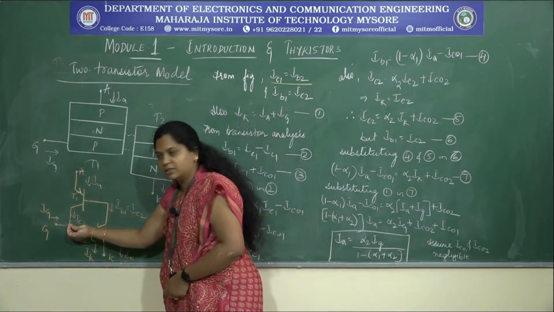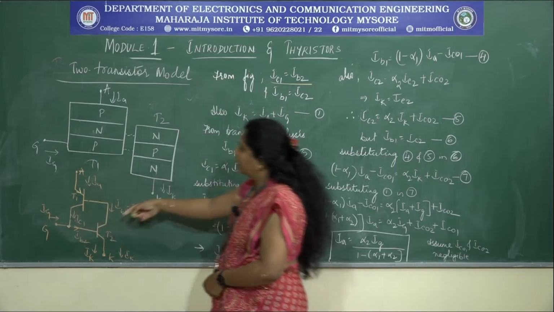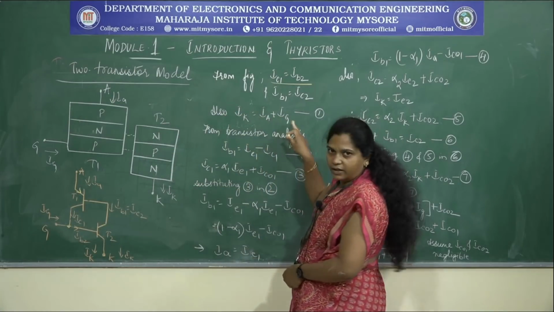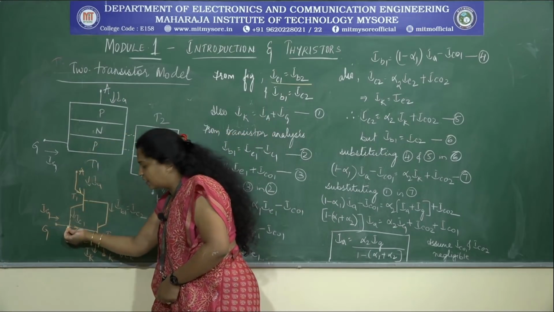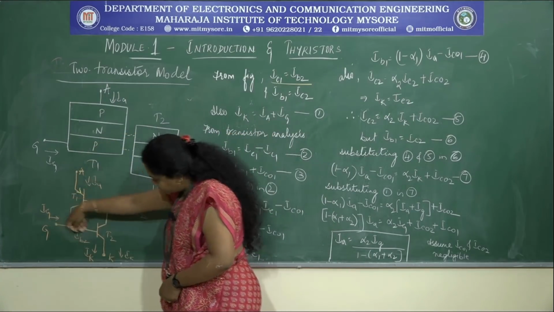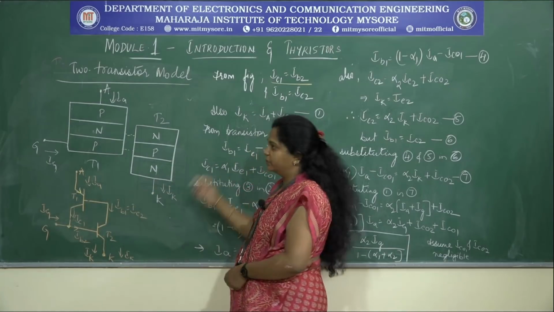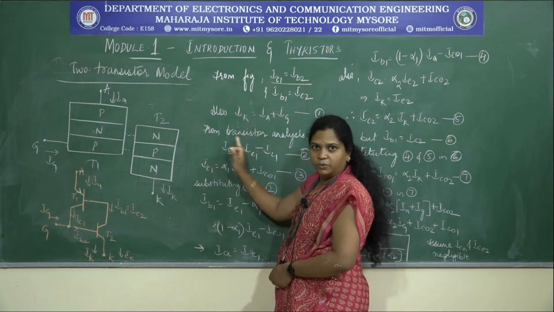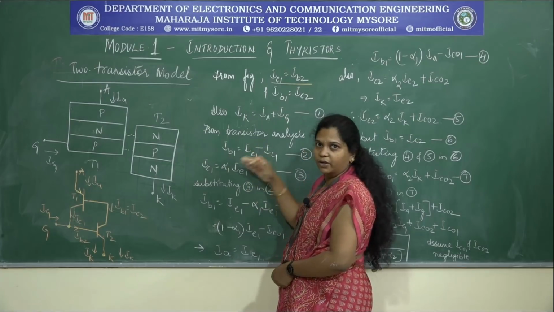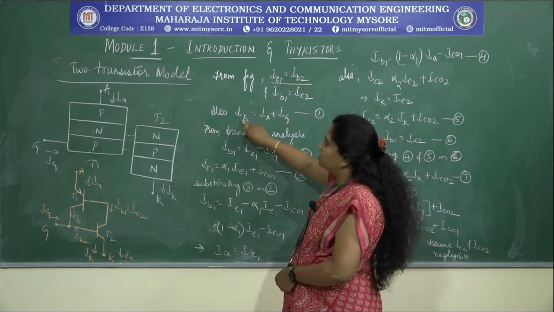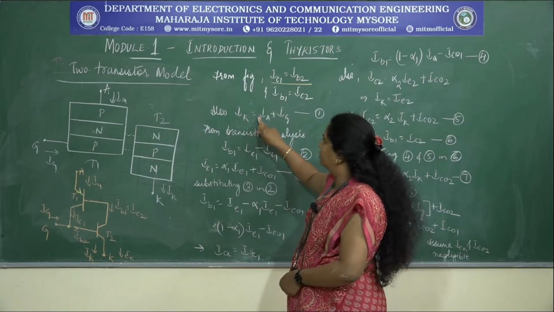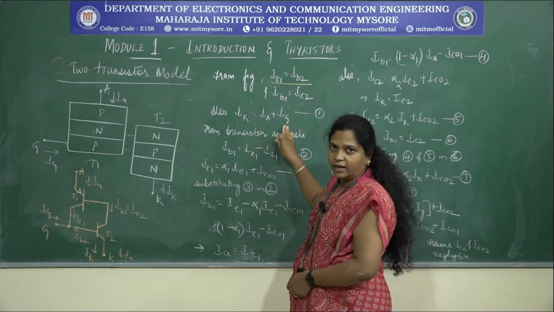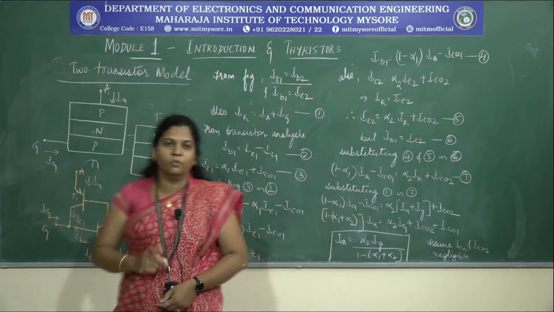Applying the principle of KCL, the current flowing towards the node should be equal to the current flowing away from the node. So IK, the cathode current, is equal to anode current plus gate current. Call this equation number 1.